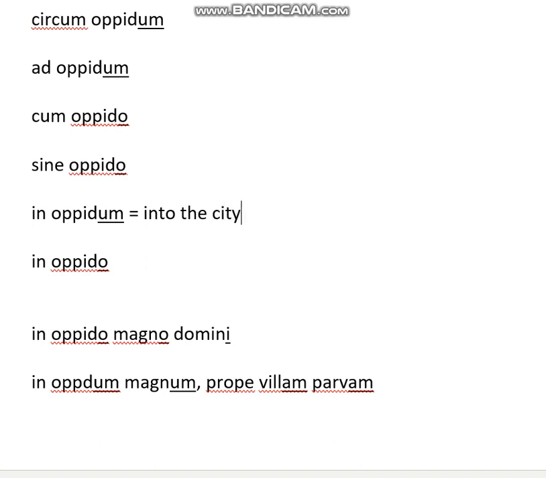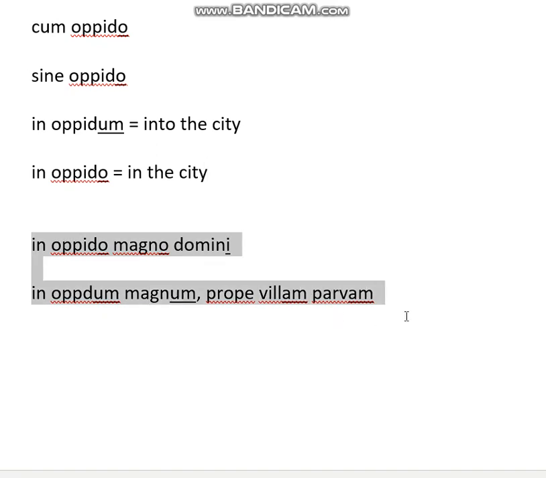So in oppidum means into the city. So in plus accusative means into. But if you just have in plus an ablative, so in plus oppido, then it would just mean in as we would use the word in. So in the city. In the one sense, you have people that are going into the city. In the other sense, you have someone who is in the city.